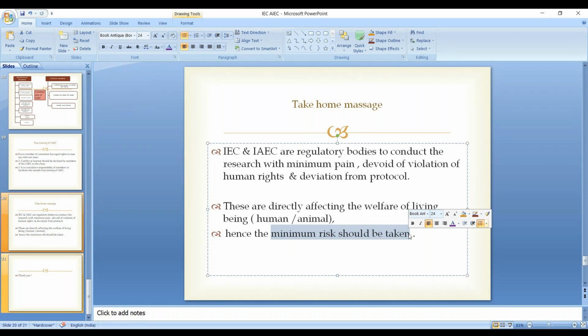They are regulatory bodies which keep the research in the correct direction, giving proper direction to you so that your research can be conducted smoothly without giving undue pain to patients or animals. Many times we have to give pain to the animals, but it should be minimum. It should not violate human rights. All these things are taken care of by the ethics committee and the animal ethics committee.